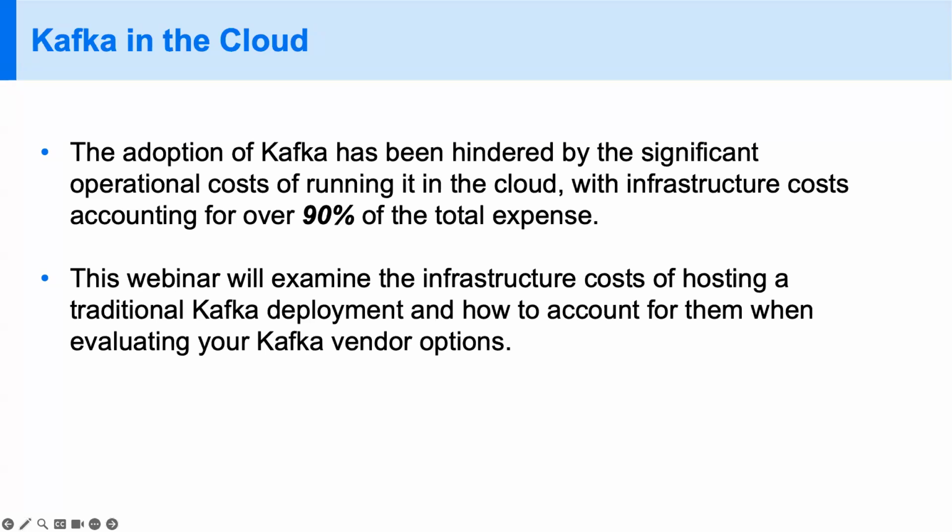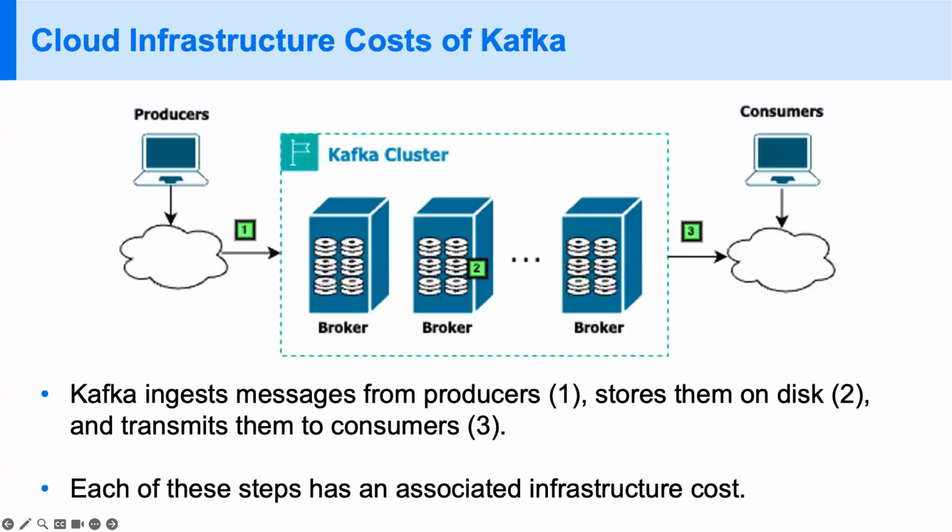In this webinar, we're going to talk about some of the different cost centers, how you can optimize your cost savings in those areas, and cover some strategies you might implement, whether you have an existing Kafka implementation or you're evaluating Kafka vendors and want a more educated point of view.